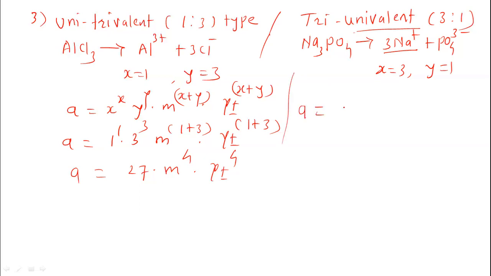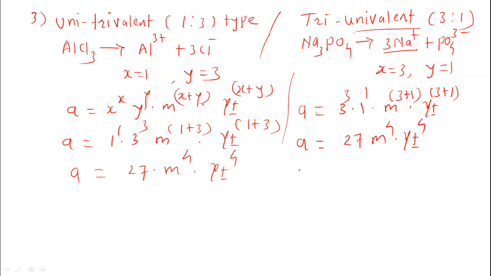So for this type of electrolyte, the expression for the activity a is equal to x raised to x, 3 raised to 3, y raised to y, 1 raised to 1, m raised to 3 plus 1, and the activity coefficient gamma plus minus raised to 3 plus 1. So the activity of the electrolyte a is equal to 27 m raised to 4 into gamma plus minus raised to 4.